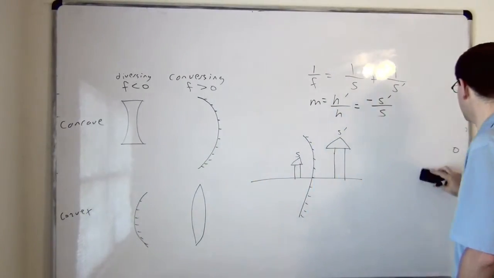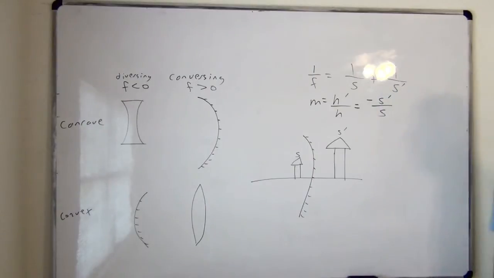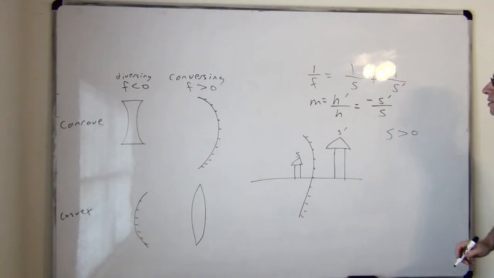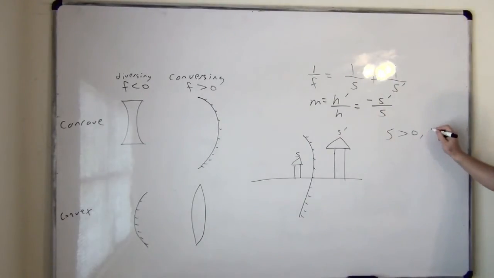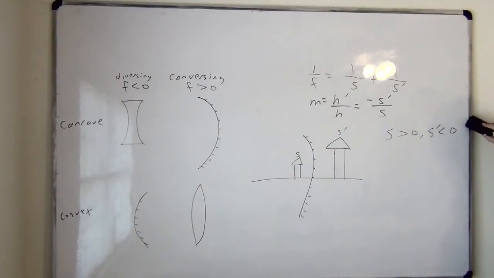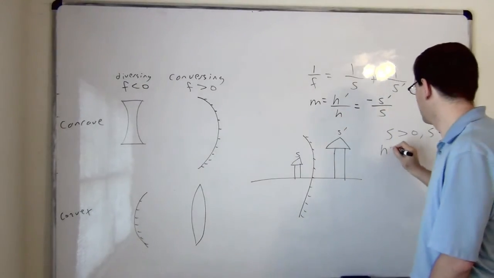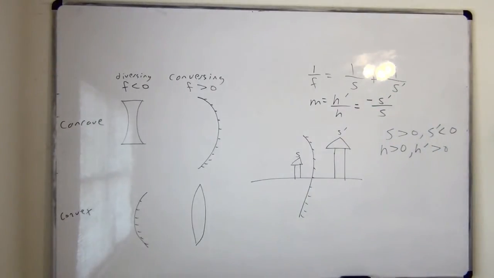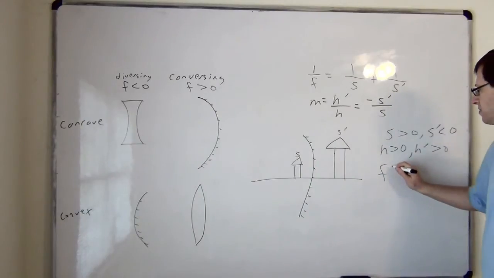All right, let's try the same exercise here. S is positive. S prime is negative, because it's a virtual image. Good. Right. H is positive. H prime is positive, because they're both pointing up. Good. F is positive, because it's a converging device.